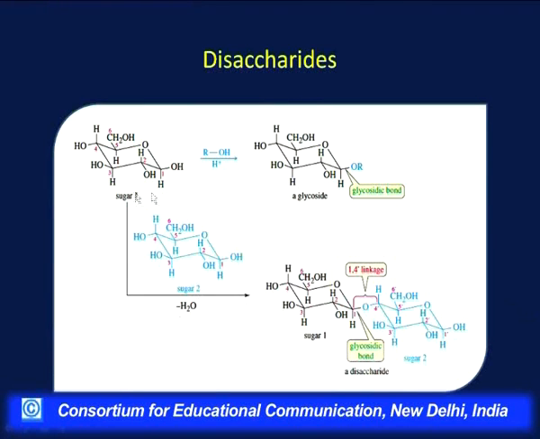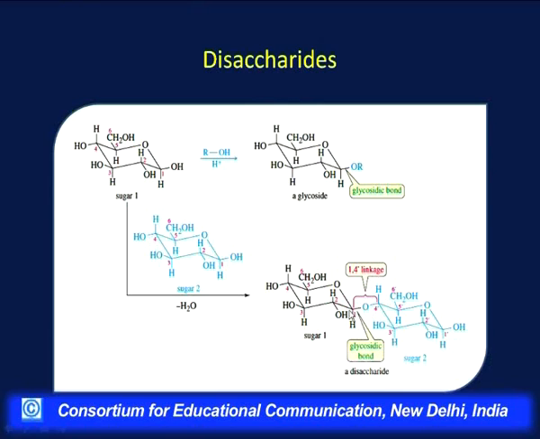We can show it in a correct way using their conformations like this. Say this is sugar 1 and this is the hydroxyl group of the anomeric carbon. If it reacts with any other alcohol, it will form the glycoside and we will call this bond a glycosidic bond. But if it reacts with another sugar moiety, let us say sugar 2, and the hydroxyl at carbon number 4 is being used as I showed in the previous slide, then we can correctly show the bond like this.